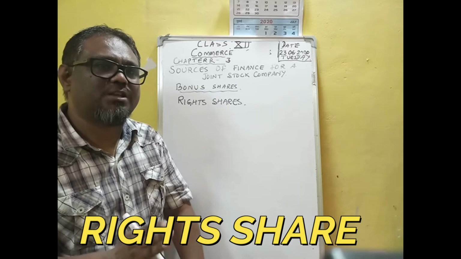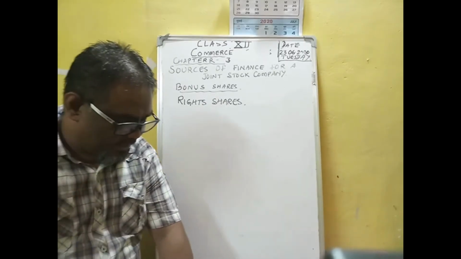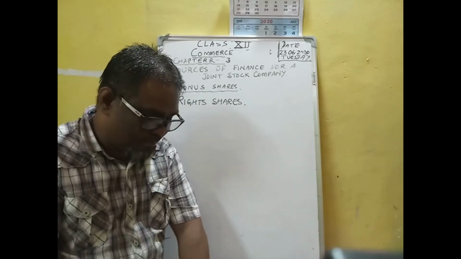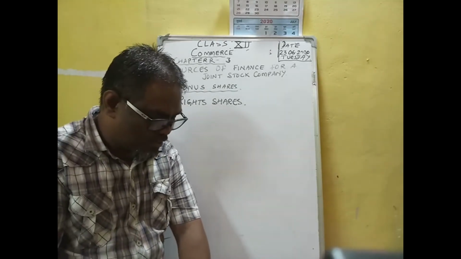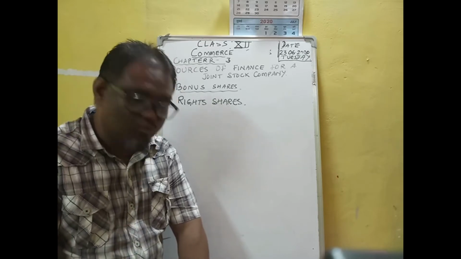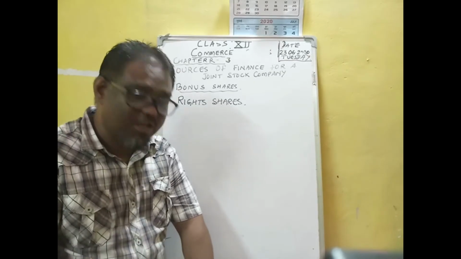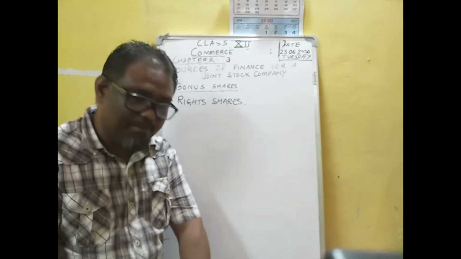According to Section 81 of the Companies Act 1956, whenever a company proposes to increase its subscribed capital through a further issue of shares, it should first offer the shares to the existing members of the company.